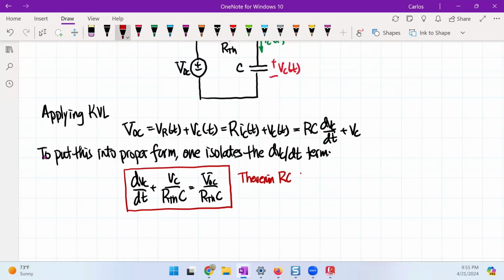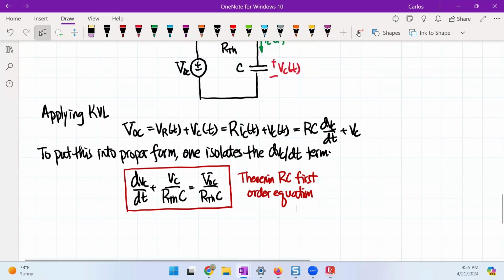So this first order differential equation is our Thevenin RC first order equation. So this is what we want to focus on.